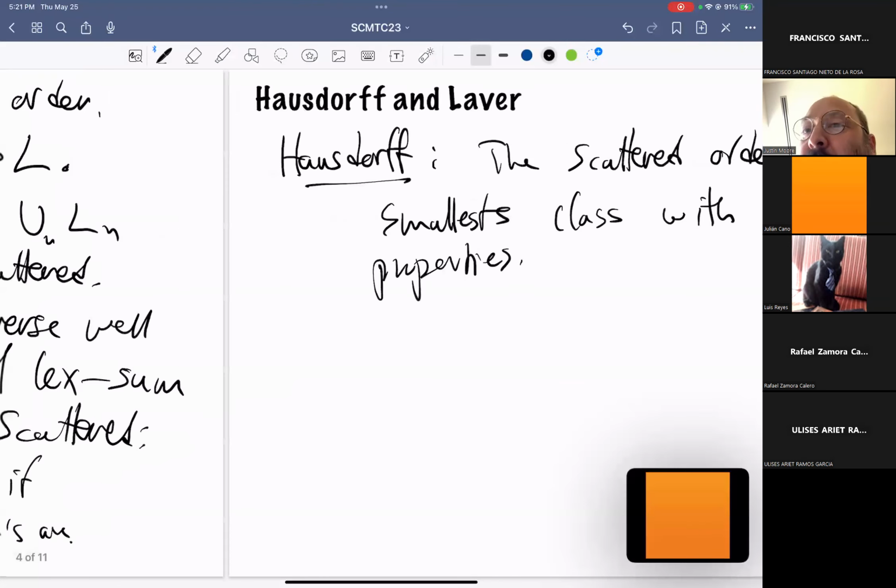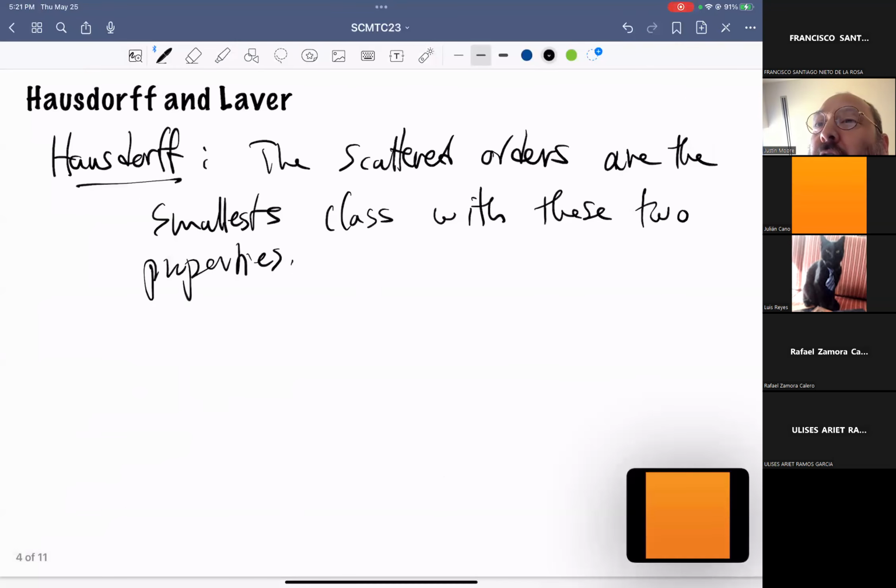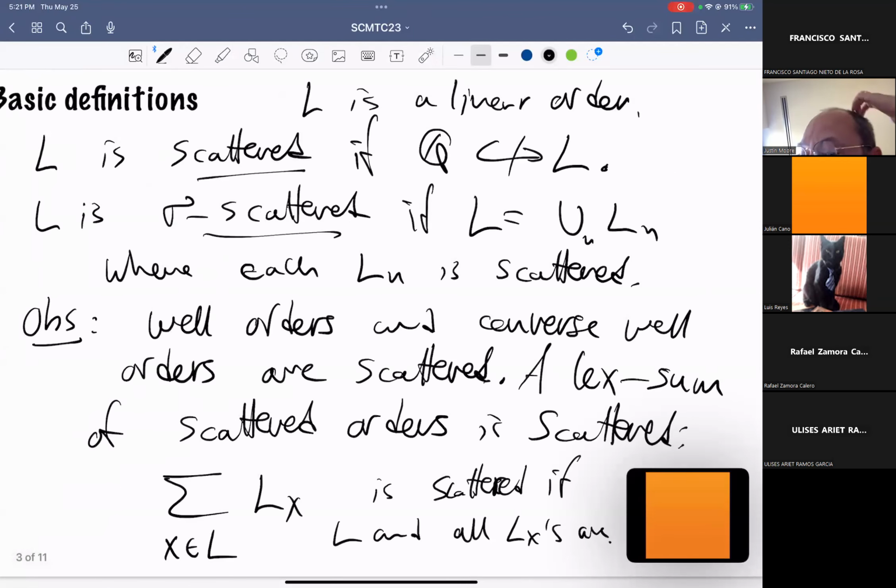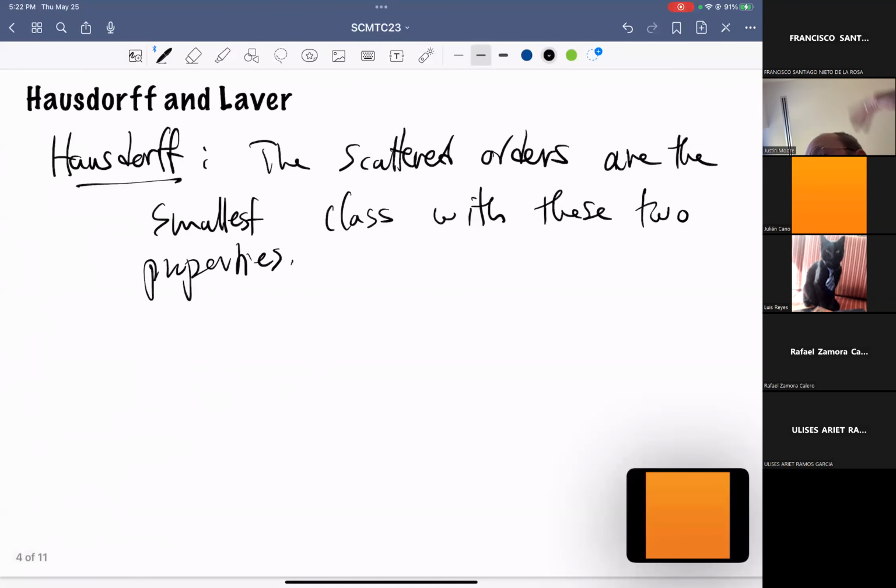In fact, I think he showed something a little bit stronger: if you just take sums over well orders and converse well orders of orders that you know are scattered, then the result builds up the entire class of scattered orders.